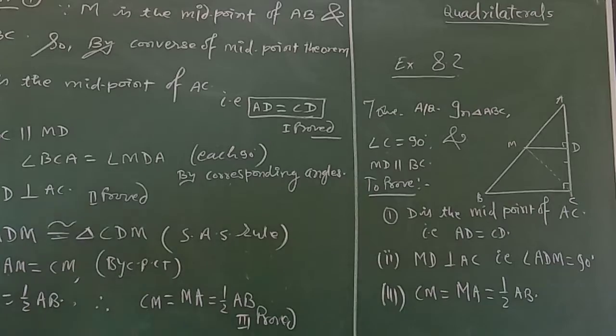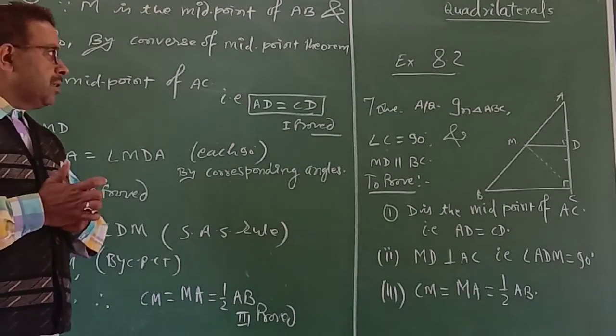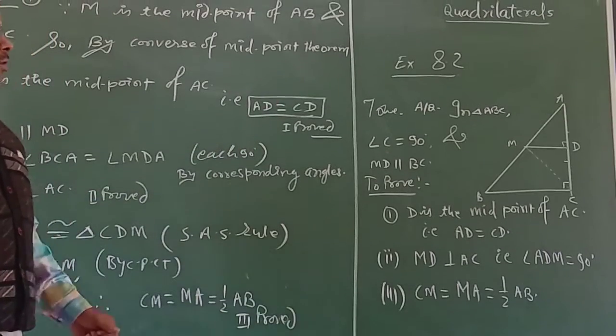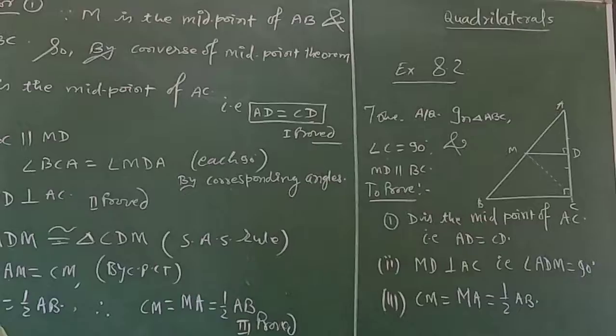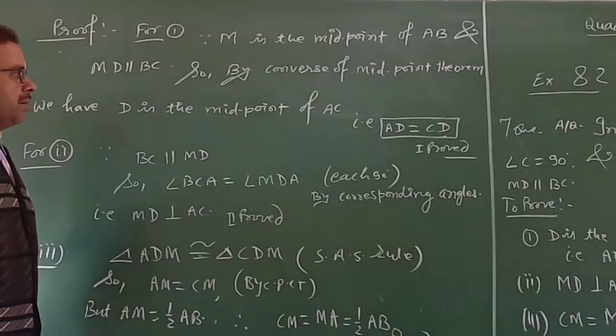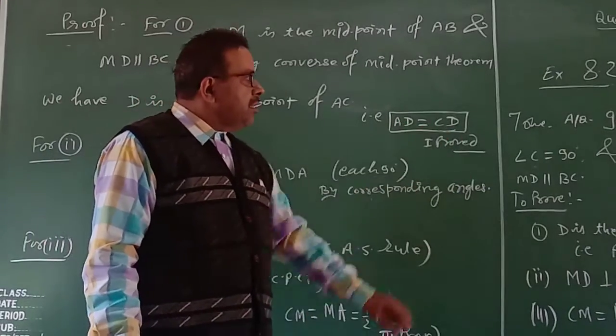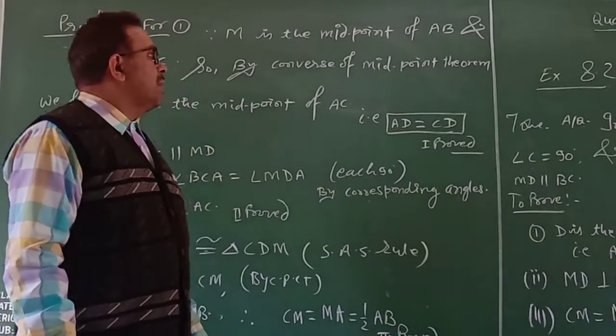For proof of this, we have two theorems in our knowledge. It means solving the exercise problems of 8.2. First midpoint theorem and second converse of midpoint theorem. ये दो theorems का हम यूज करेंगे इस एक्सरसाइज की प्रॉब्लम को सॉल्व करने में.